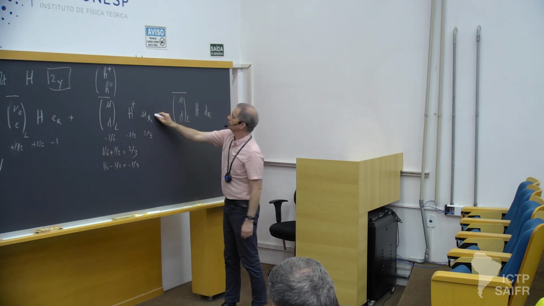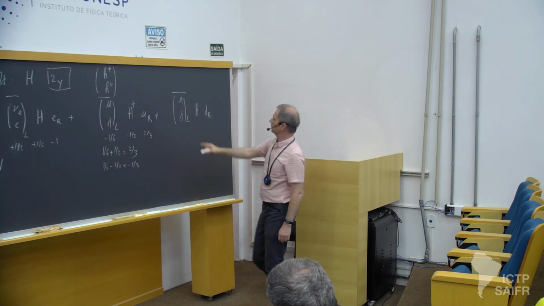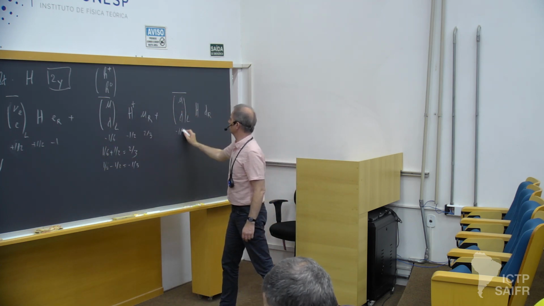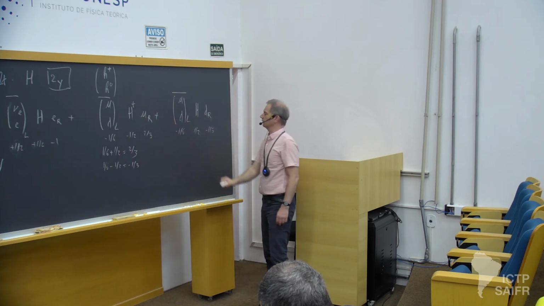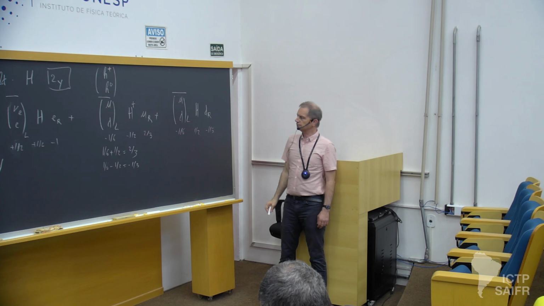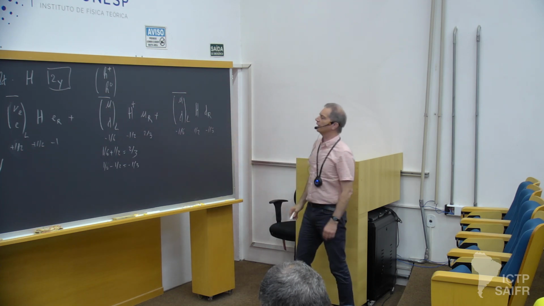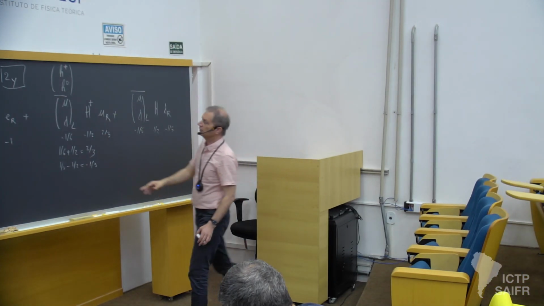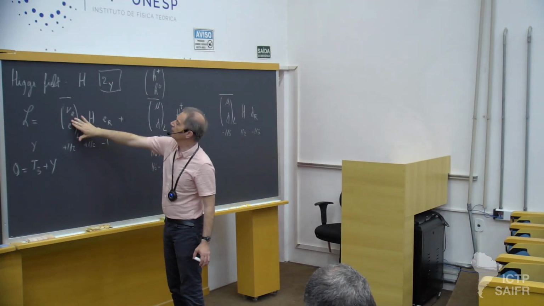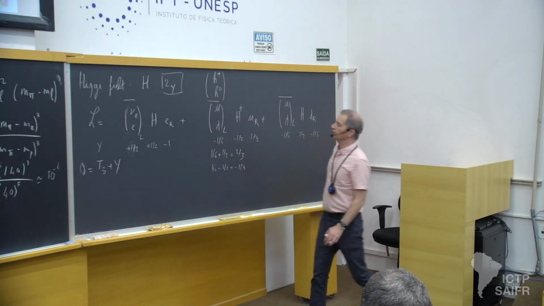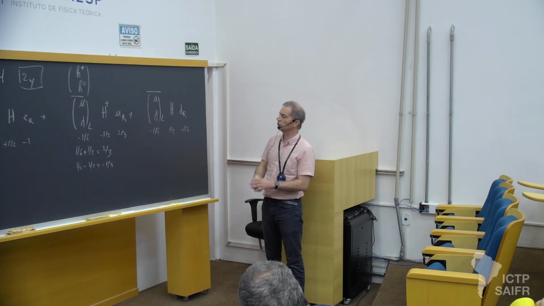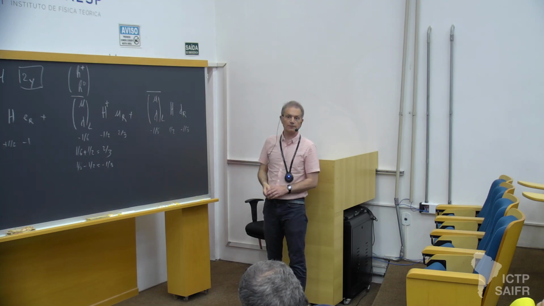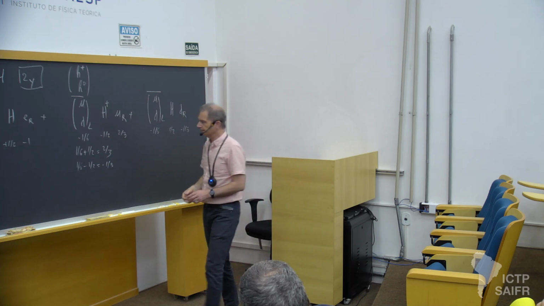And the same is true here: -1/6, 1/2, minus 1/3. So we have been able to write interactions between the Higgs and the lepton or the quark that are fully invariant under Lorentz transformation and fully invariant under SU2 cross U1. Okay?